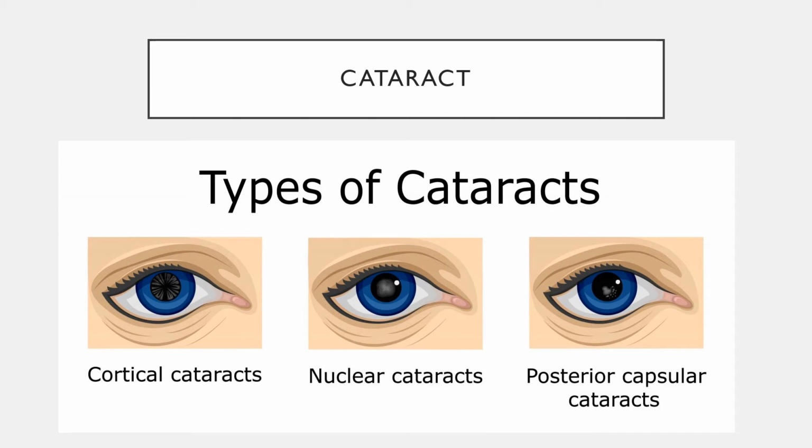And our third and final type of cataracts we'll talk about today is posterior capsular cataracts. These can occur in younger people and tend to be associated with inflammation to the eye.